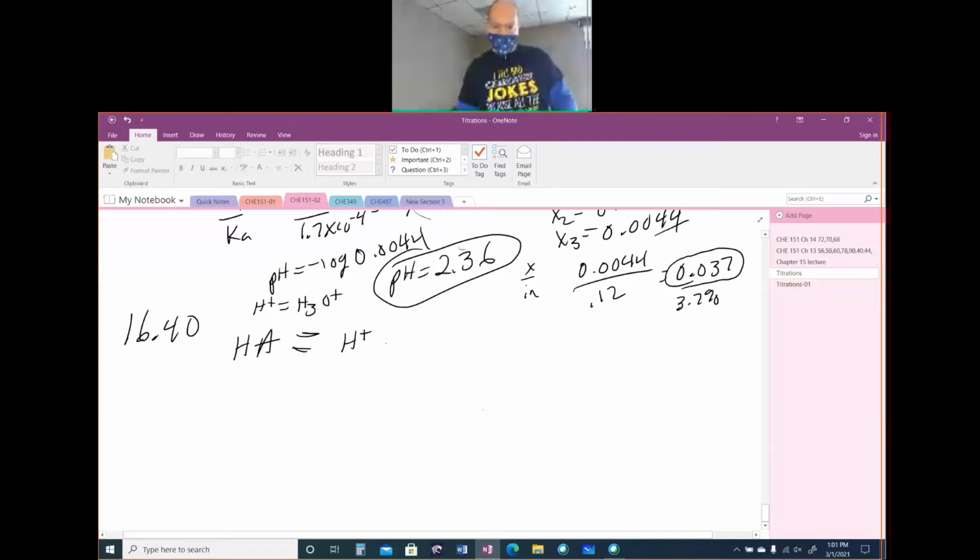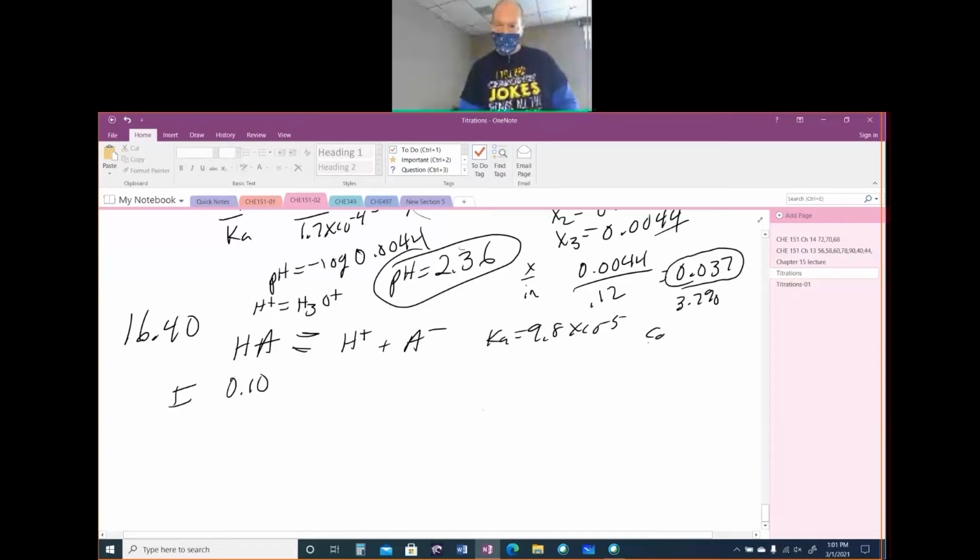And they also want the A minus. They want the A ion, which means it's a negative ion. And we have a 0.1 molar acid, and the Ka is 9.8 times 10 to the minus 5.